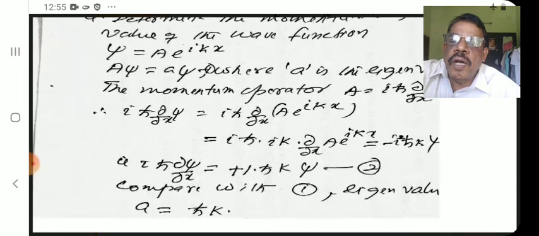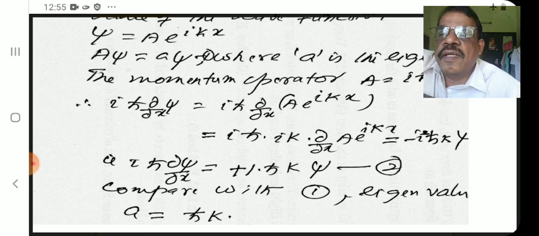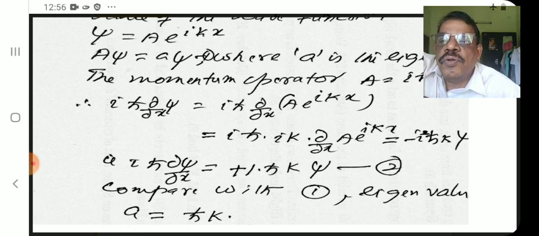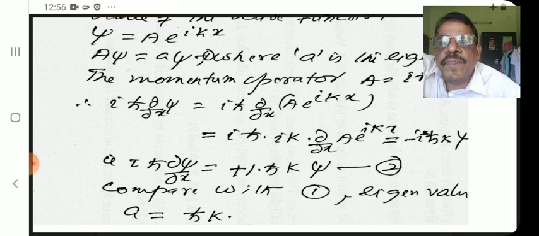So you remove the confusion. When we differentiate, the answer is minus I square h cut k psi. Before that final answer, I have written dou by dou x. That is a mistake. Dou by dou x is not needed.